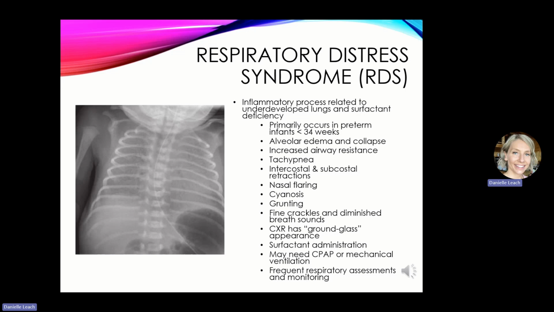Depending on how severe the RDS is, they might need higher level oxygenation, such as CPAP, or they could need mechanical ventilation, where we're just going to leave that ET tube in for a while. We're also going to do frequent respiratory assessments and monitoring, so they're going to be admitted to the NICU or the PICU. We're going to be doing respiratory assessments every 3 hours at the minimum.